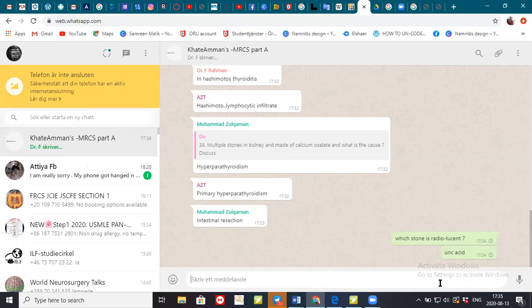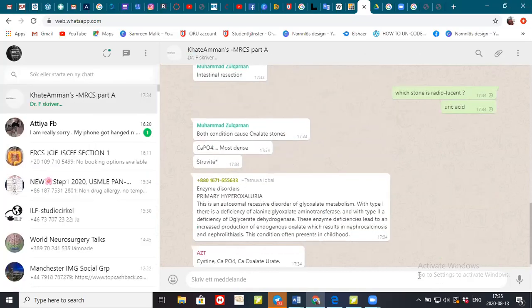Yes, and even patients taking chemotherapy, cancer patients, uric acid level rises and these stones become more pronounced in that condition. Okay, so indinavir is for HIV, and uric acid is for chemotherapy.